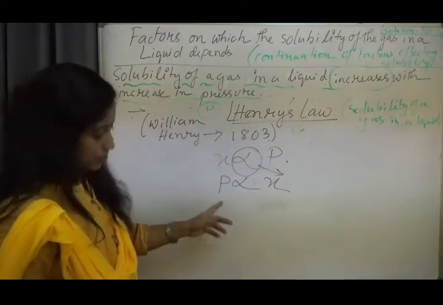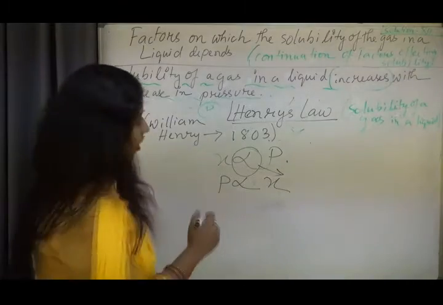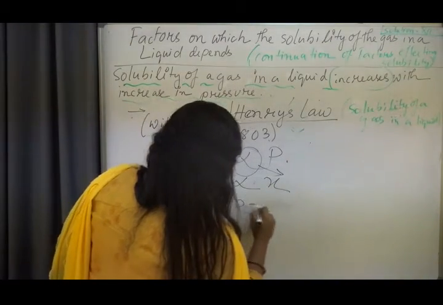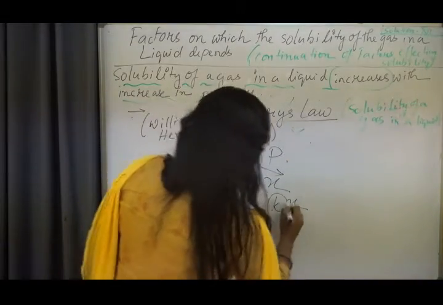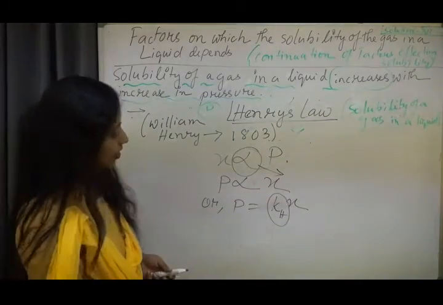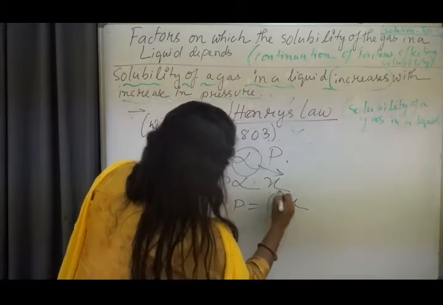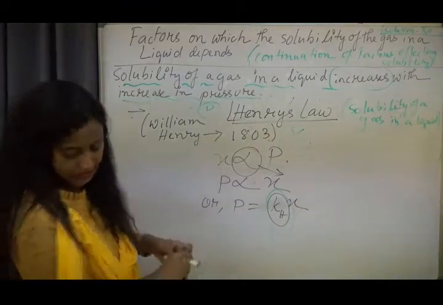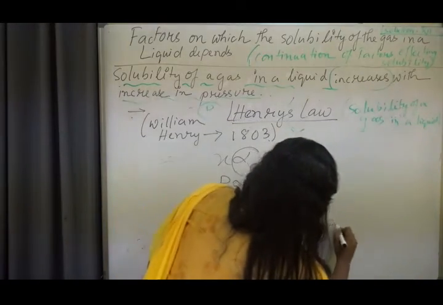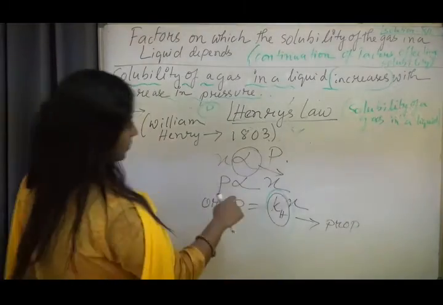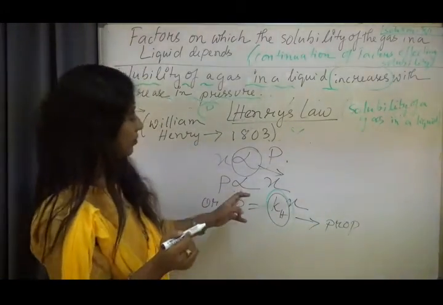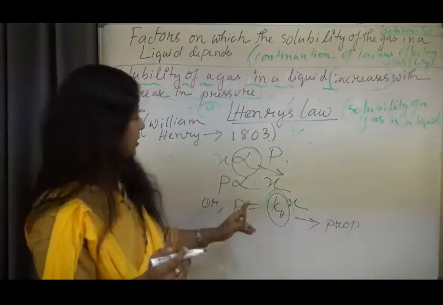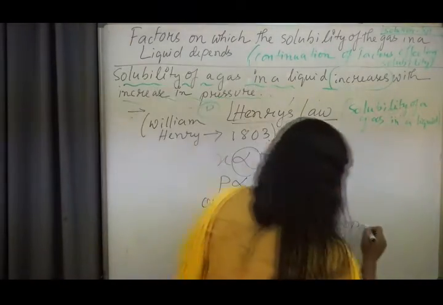So P is proportional to X, or P is equal to KH into X. This term is called the proportionality constant. If you remove the proportionality sign, we know that a constant term should be added to make it an equation.